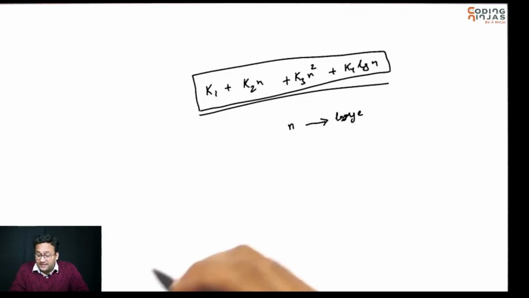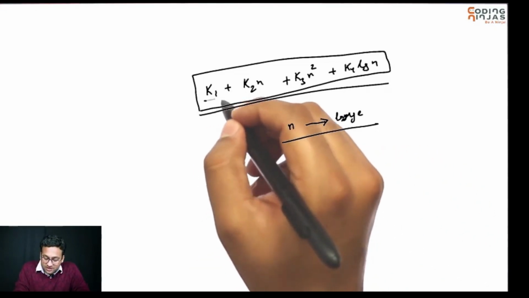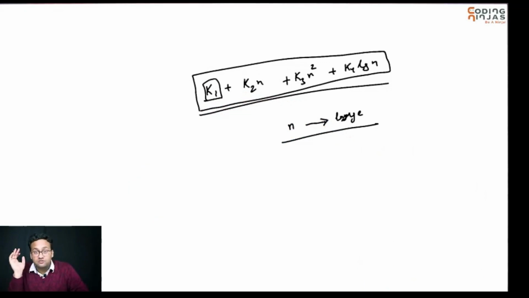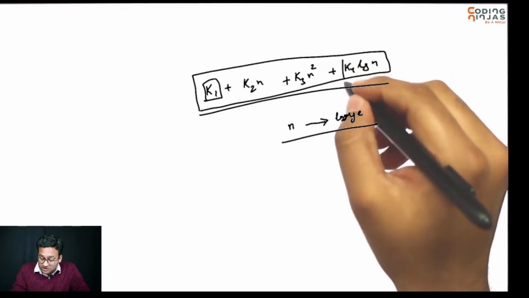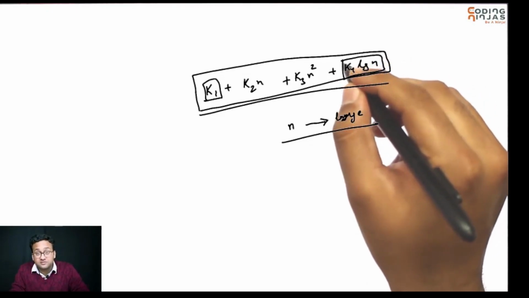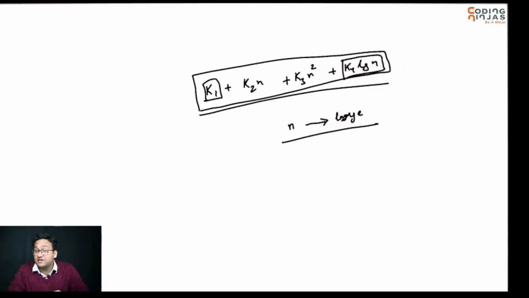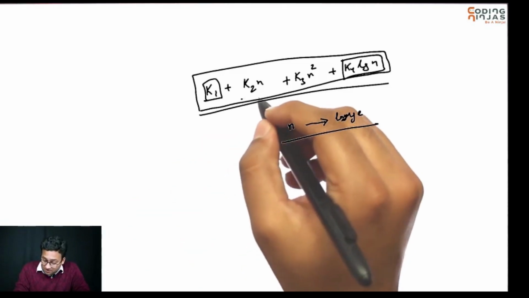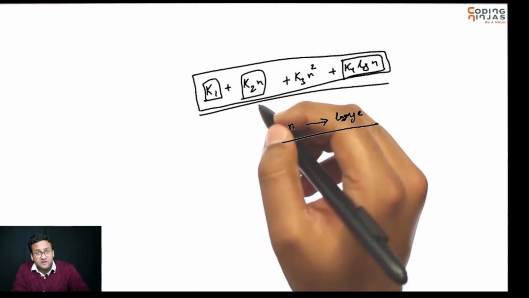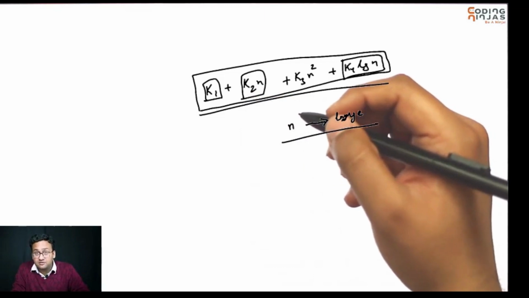If you see, as n increases, this doesn't increase at all. It stays k1. This increases at a very slow pace. Log n increases very slowly as n increases in size. N increases decently fast. It grows as fast as n.